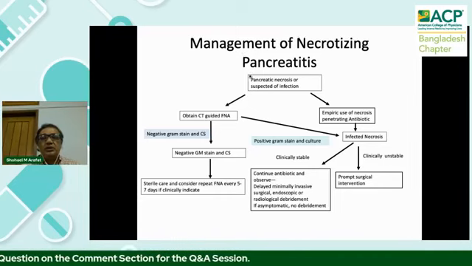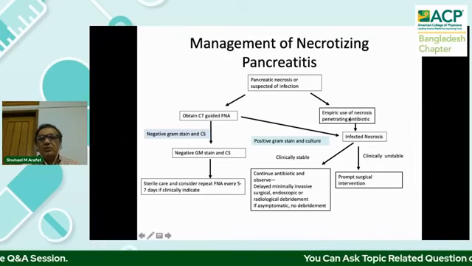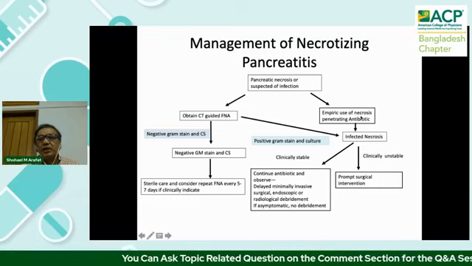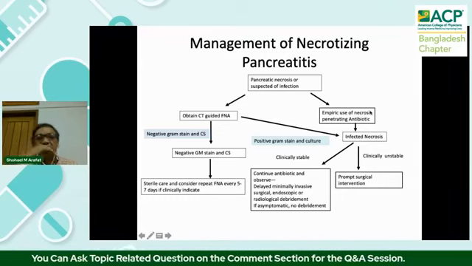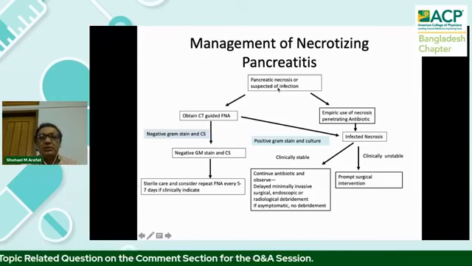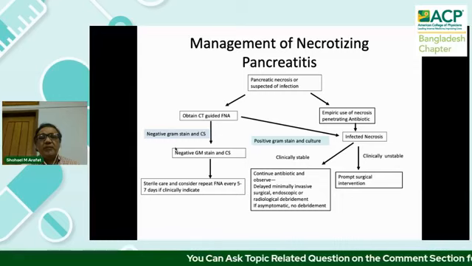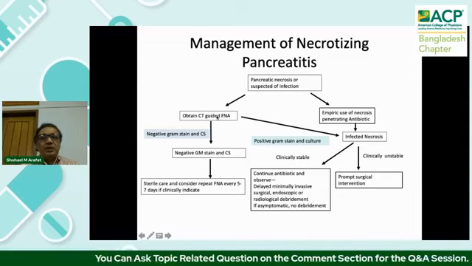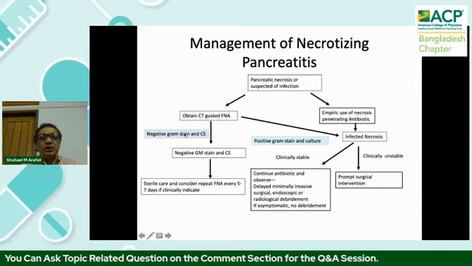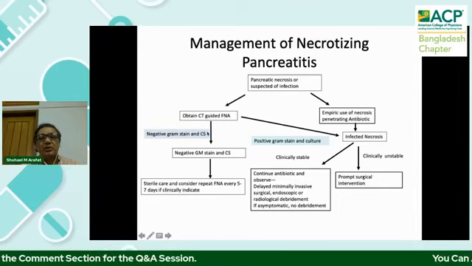If we suspect pancreatic necrosis or suspected infection, we have to start empiric necrosis-penetrating antibiotics, which I've already mentioned. We also obtain a CT guided FNAC from the pancreatic tissue. After getting this sample, we send it for Gram stain and culture, and after seeing the culture, we have to wait.